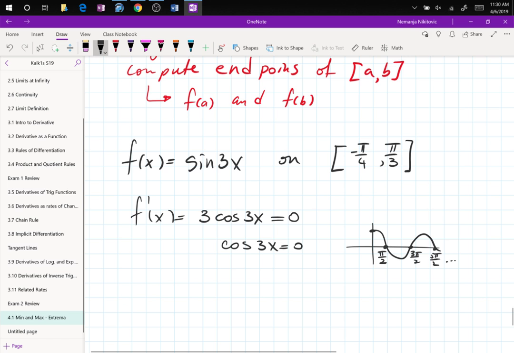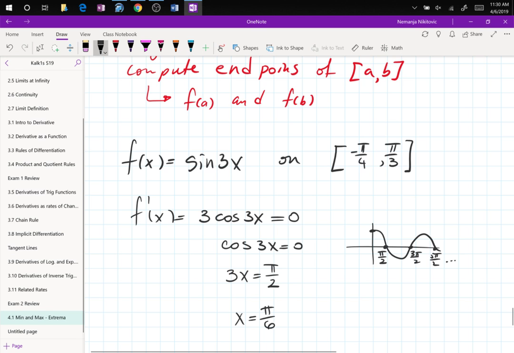So if I take 3x equal to pi over 2, because cosine of pi over 2 would be 0, then I get x equals pi over 6.